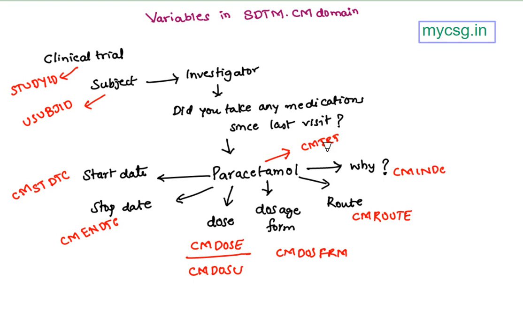So the medication was taken for, say for example, this paracetamol was taken for high fever. So that indication would be stored in the variable called CMINDC.